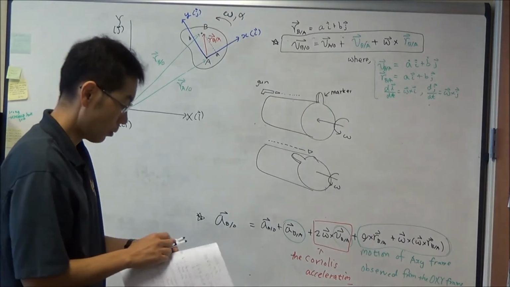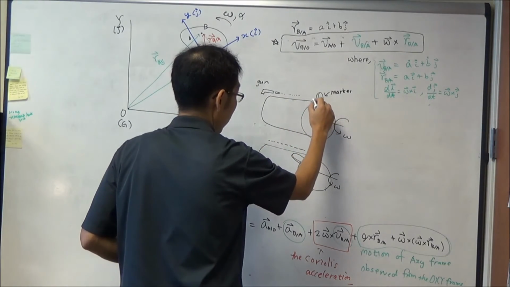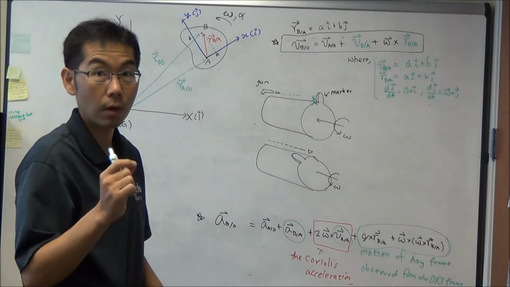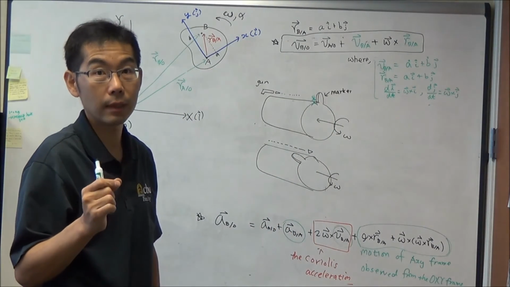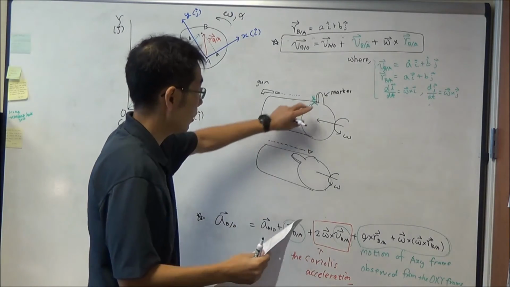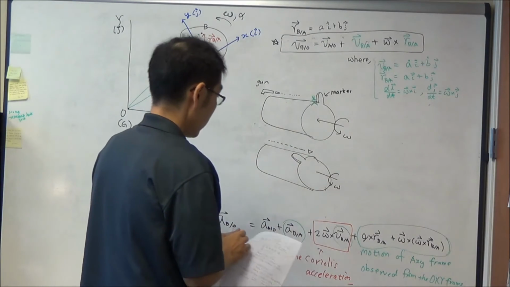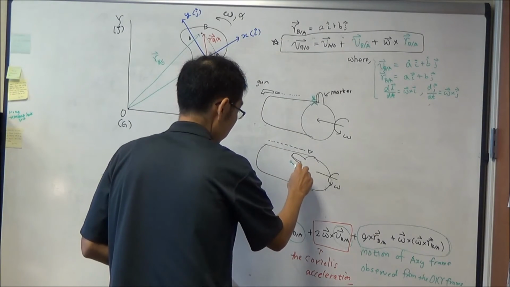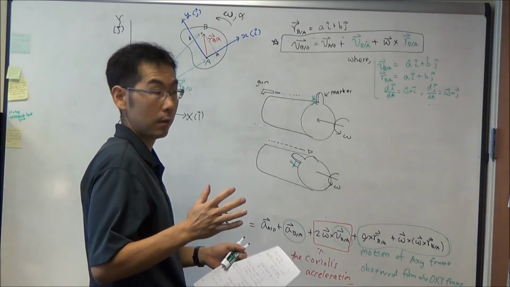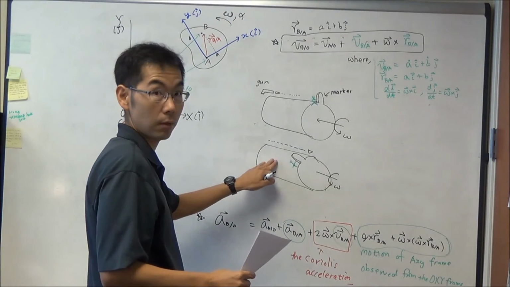Okay, then what if you stand there? Let's say you just sit there, and then you observe the motion of the bullet from your position. Okay? So your body also rotates with the cylinder at the same time. So your body is sitting here, but you don't know whether your body is rotating with the same cylinder or not.